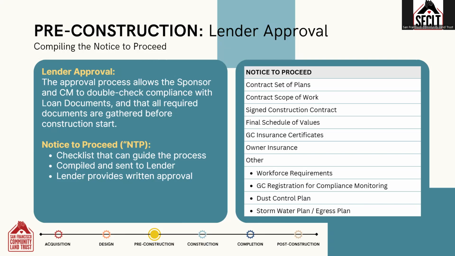And depending on the scope, the contractor may need to provide a dust control plan, a stormwater plan, or an egress plan. Again, these requirements vary depending on the size and type of project, the source of funds, and the associated restrictions. It's the construction manager's role to identify what's required and ensure compliance.